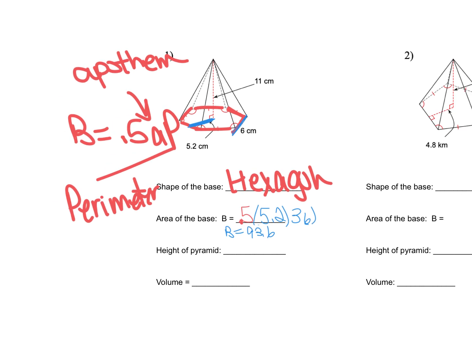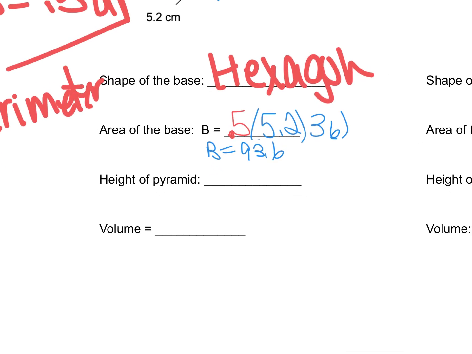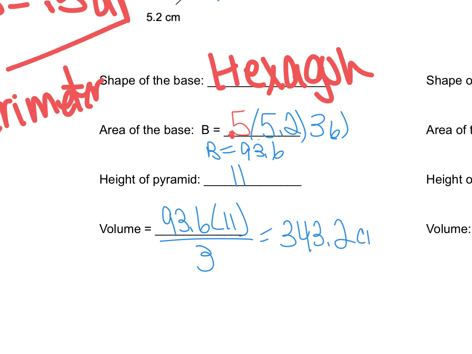The height from top to bottom is 11, so the height of our pyramid is 11. And if we calculate our volume, it's going to be the area of the base times the height divided by 3, which is going to be 343.2 centimeters cubed.